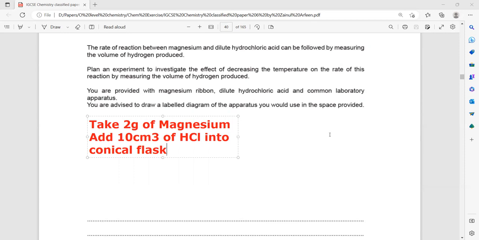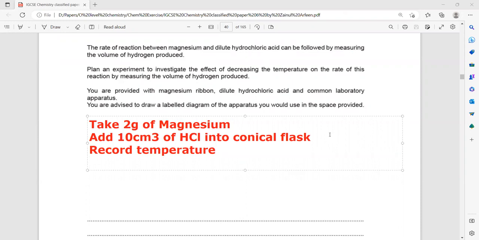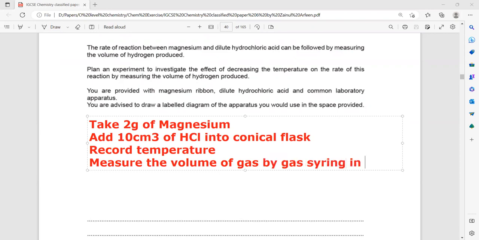Then we connect the gas syringe, record the temperature first, then measure the volume of the gas by gas syringe in 3 minutes, and then we repeat with a different temperature.